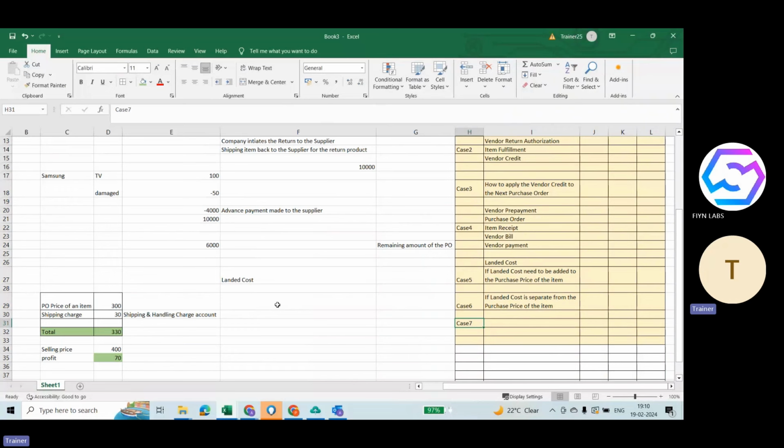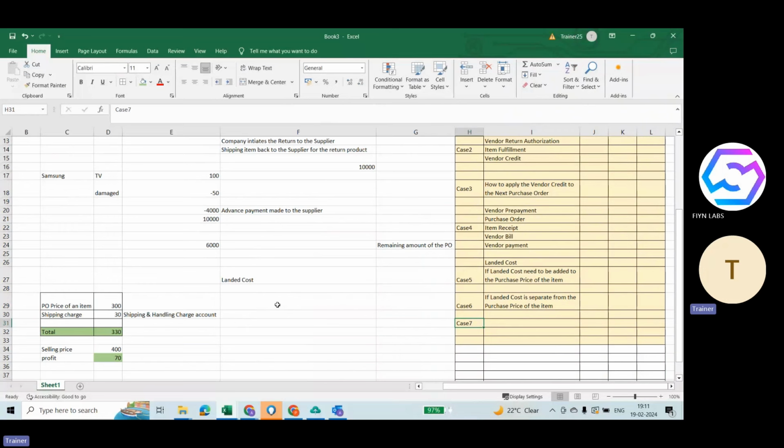I will explain it with an example. Let's suppose a US company is buying an item from China. The item is manufactured in China or in India, and delivered from China or India to the USA. Definitely it will go by ocean, so there will be a freight charge with that.